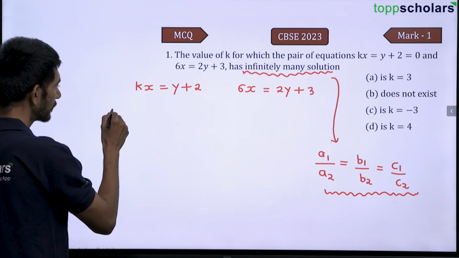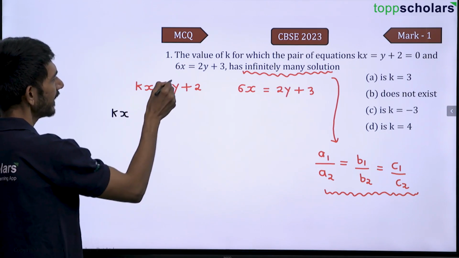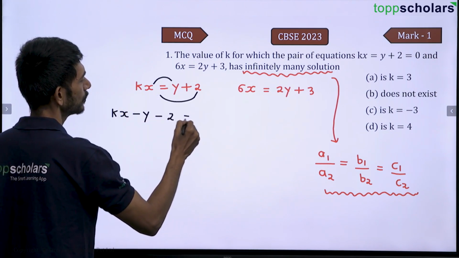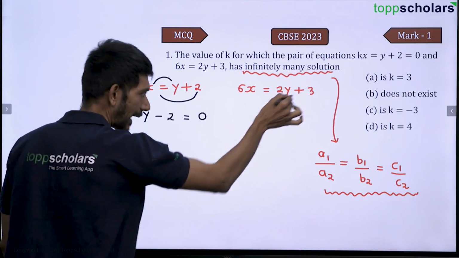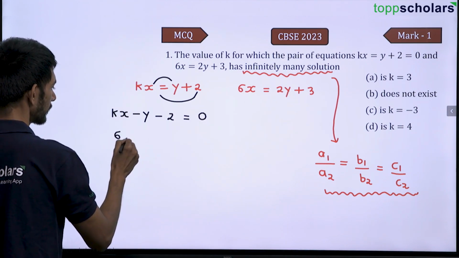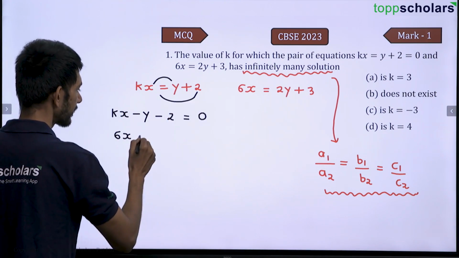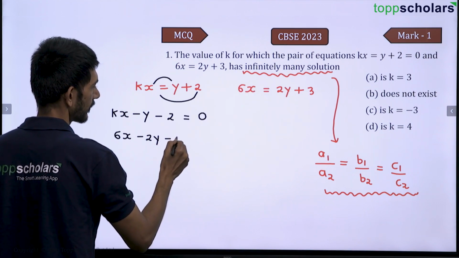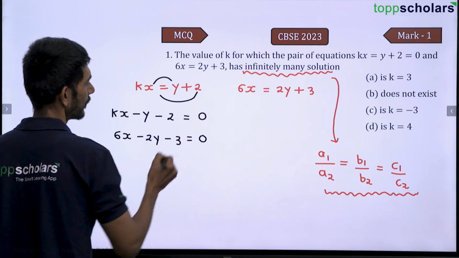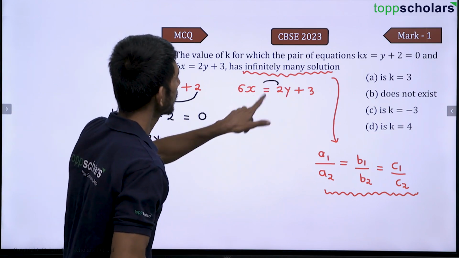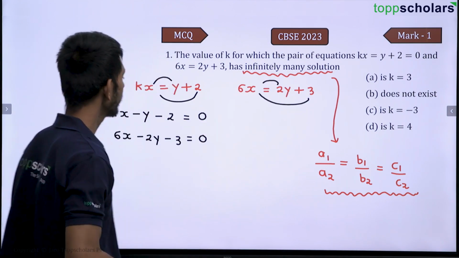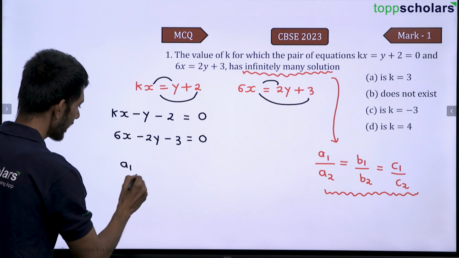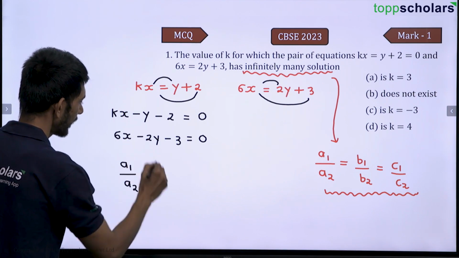So can I say this becomes kx minus y minus 2 is equal to 0, and this becomes 6x minus 2y minus 3 is equal to 0, right? This goes here minus 2y, this goes here minus 3. Now if you see this, if I take a1 by a2, that is k by 6.